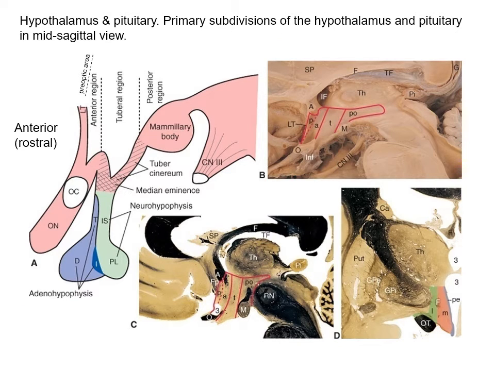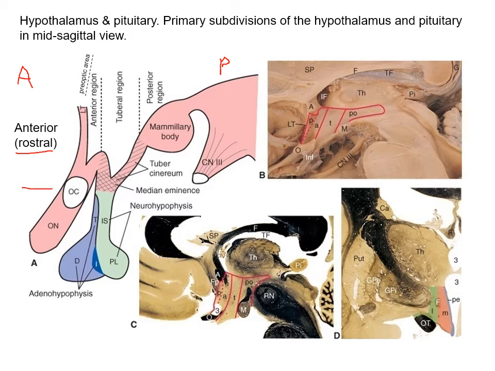There are a number of distinct nuclei in the hypothalamus. I'm going to go over a few important nuclei of the hypothalamus in the next slide. To start off, the hypothalamus is divided into regions along an anterior-posterior axis. And so I wrote on here, this is the rostral or anterior part.